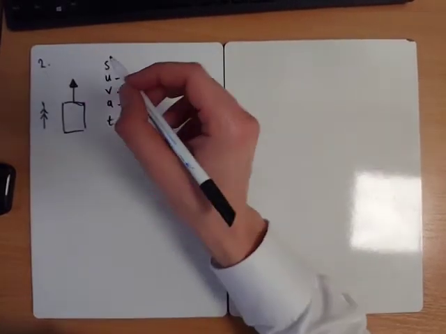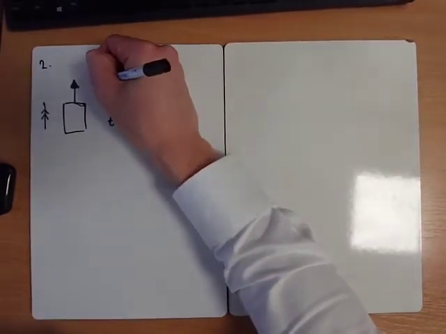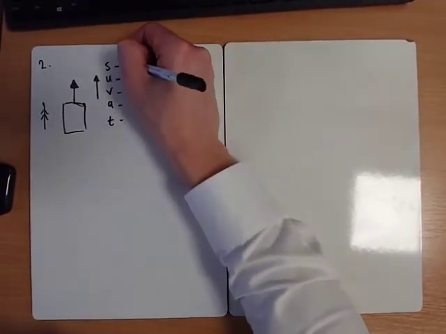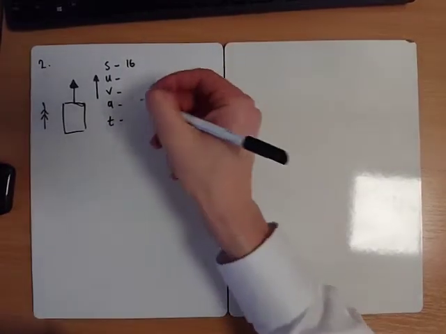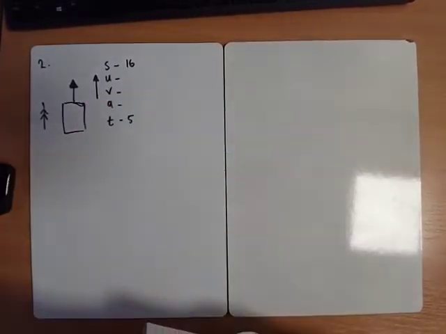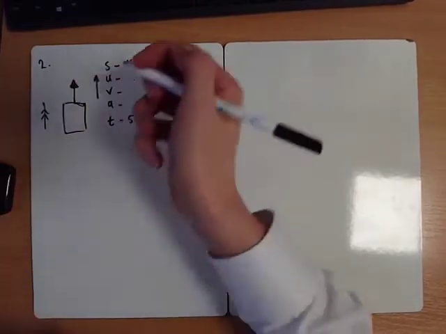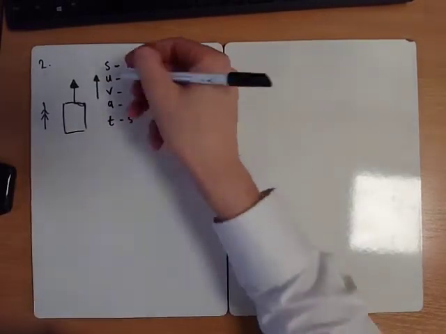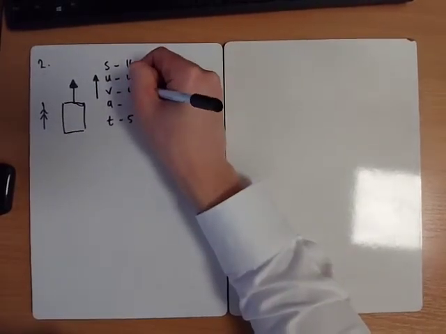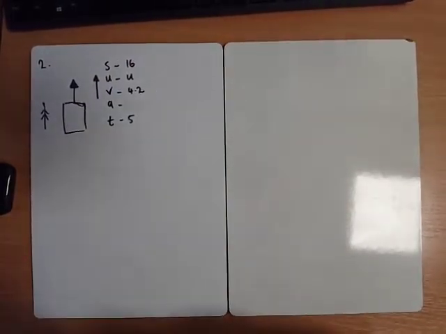So it travels 16 meters. Obviously, if we choose up to be positive, the lift travels a distance of 16 meters. A 5-second period, so the time it takes is 5. And it increases from u. We don't know what the initial speed was, but we do know that after 5 seconds, it's now traveling 4.2 meters per second.